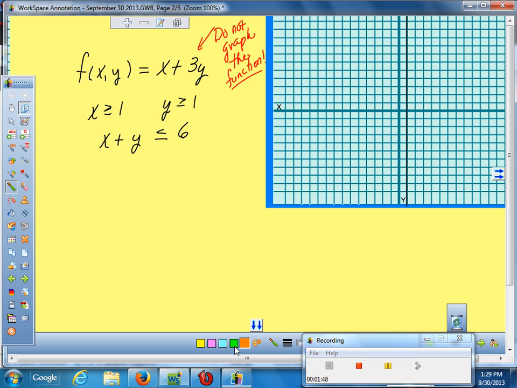You would be shading the right-hand side. But with these kinds of problems, this can get really messy. Don't go hog wild shading. I am just going to shade along the right-hand side of this line to show that I would like to be shading somewhere to the right of this line. If you color it in like crazy, it gets hard to tell what you're doing.